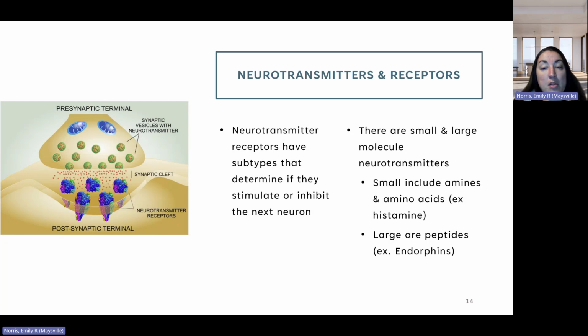The small molecule ones include amines and amino acids. One example is histamine, a small molecule neurotransmitter. The larger ones are peptides. An example of that is endorphins. These neurotransmitters cause different actions based on what part of the receptor they bind to, the inhibitory or the stimulatory receptor.